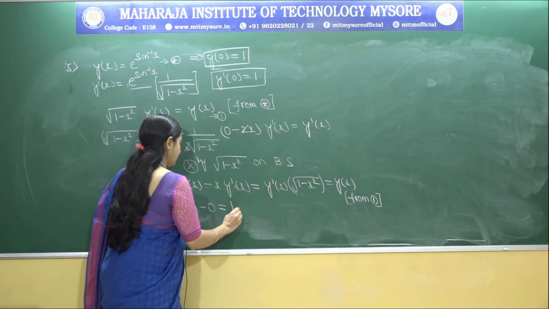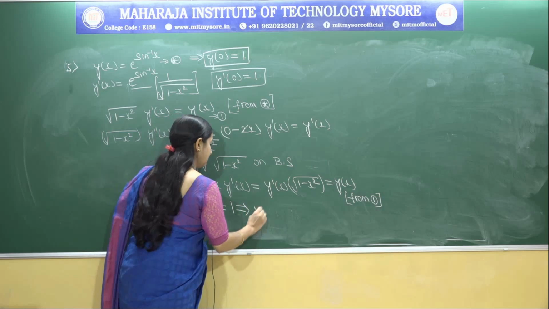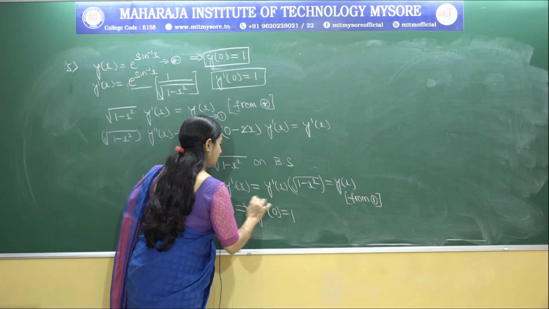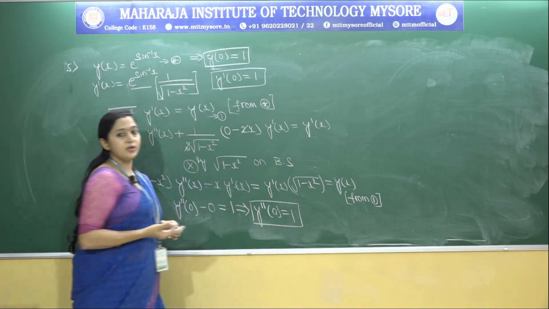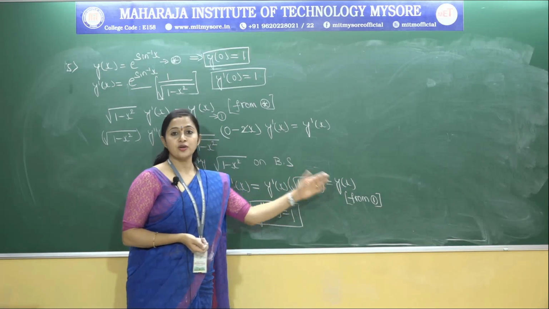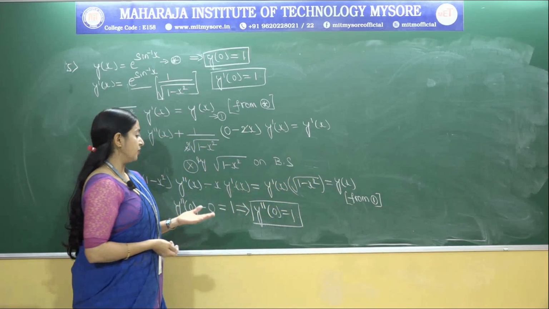So y of 0 equals 1, which implies the second derivative is also equal to 1. If you want to continue till the third derivative, you can consider this as the y of x, using equation 1.